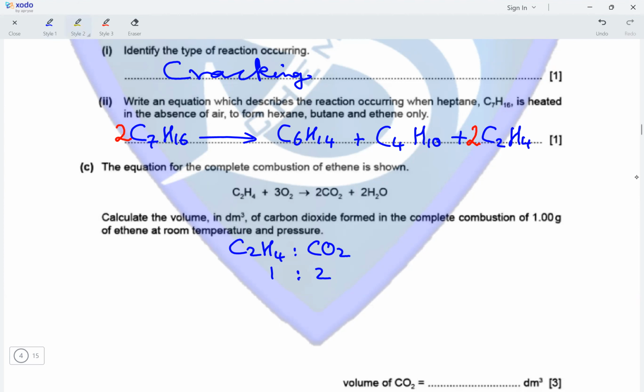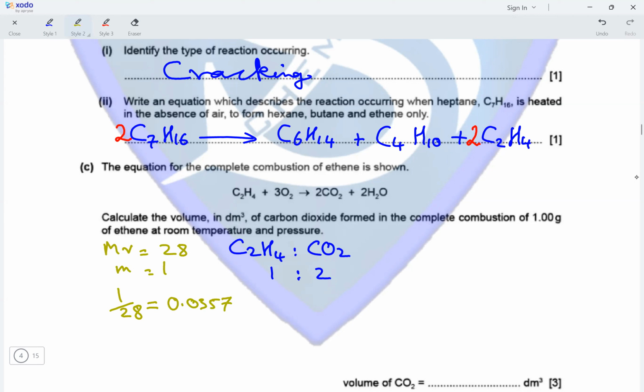So the first thing we need to do is calculate the number of moles of ethene. So the Mr of ethene is C2, 12 times 2 is 24, plus 4 is 28. And the mass of ethene is 1 gram. Therefore, the moles of ethene would be 1 upon 28, which gives us a value of 0.0357 moles.